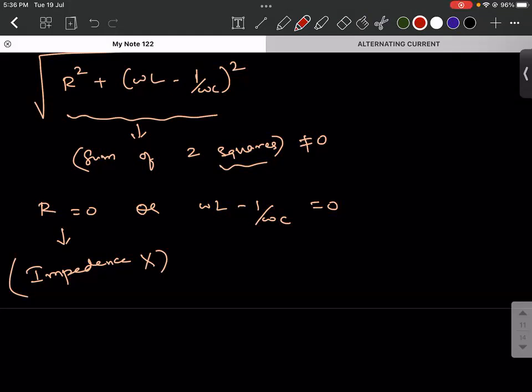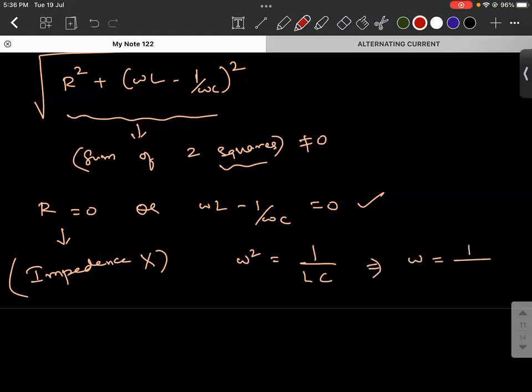Because for you to define the impedance for a circuit, what do you need? You need one resistive element and either a capacitive or an inductive element. Is that clear? So what should happen? Omega L minus 1 by omega C is the only thing that can be 0. When that is the scenario, I'll get omega square is equal to 1 by LC.